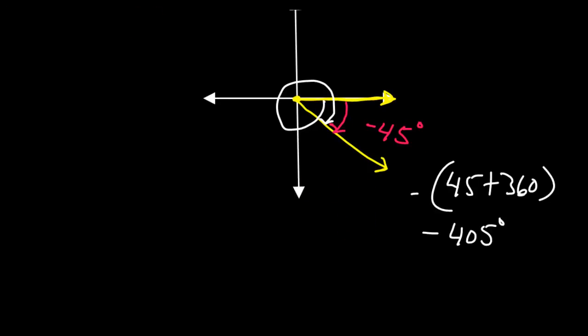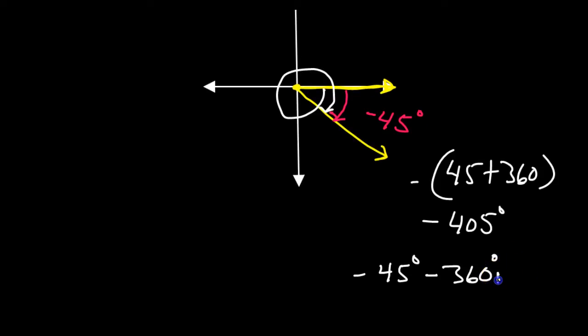So if you wanted a formula for all of the coterminal angles, you could take your negative 45 degrees, but then you could either subtract 360 multiple times.